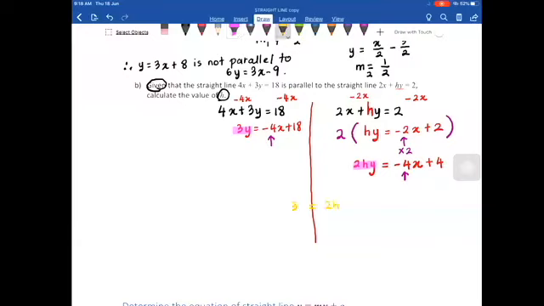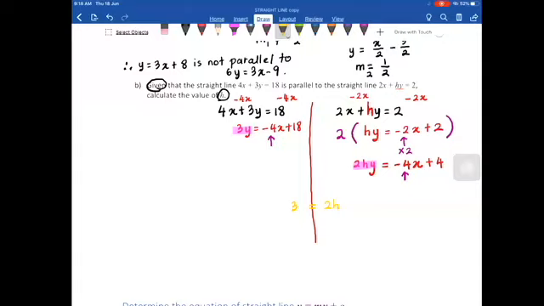Okay. So if you observe, saya tak bawa turun pun y because we are comparing the coefficient. So, jadi saya nak h, I divide with 2.